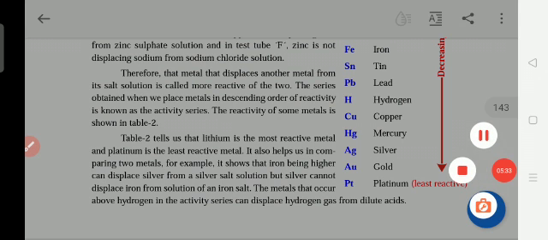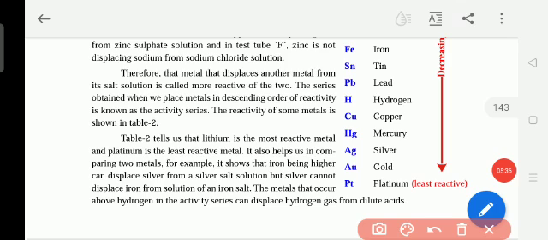One more thing we study: lithium is the most reactive metal and platinum is the least reactive metal. In the activity series, lithium is the first one, the most reactive metal, and the last is platinum, the least reactive.